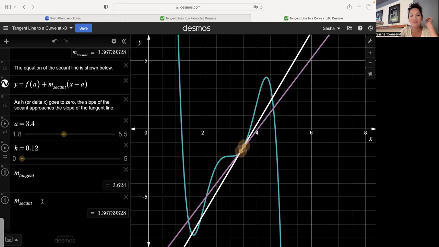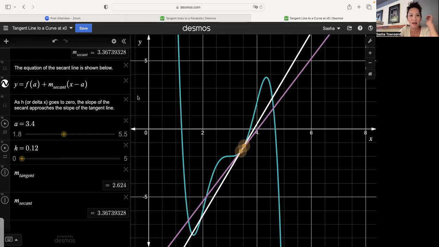It might actually be easier to visualize and understand if we created a table of values where we let h be 0.1 and then 0.01 and then 0.001, and we could find the slope of the secant every time and show that the slope of the secant approaches the slope of the tangent. That's usually how we do it in class.